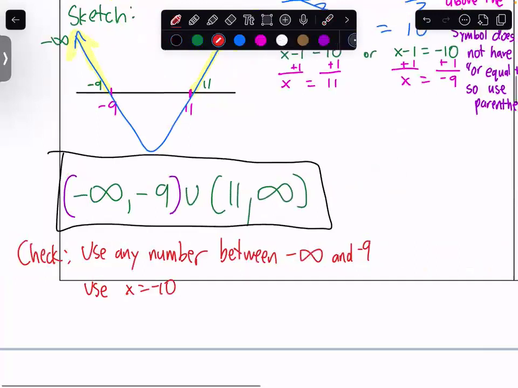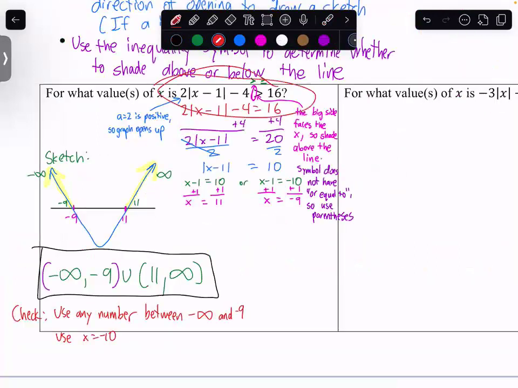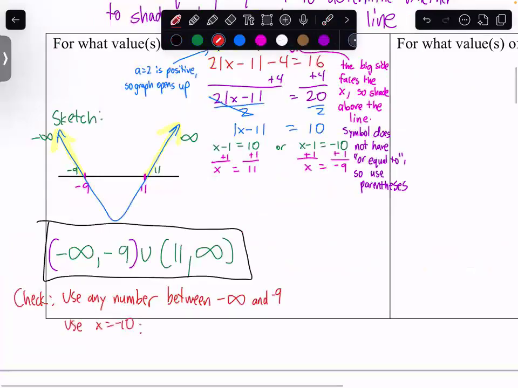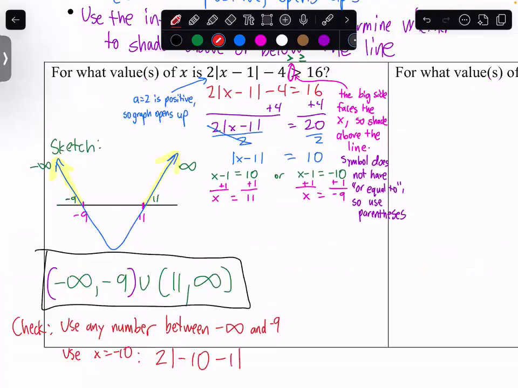Okay, so you want to go all the way back to the first step, the beginning problem, and try plugging your number into there. So x is now -10. Okay, and notice I'm going back to the inequality step, not the equal sign step. So again, I've substituted in -10 in for x.